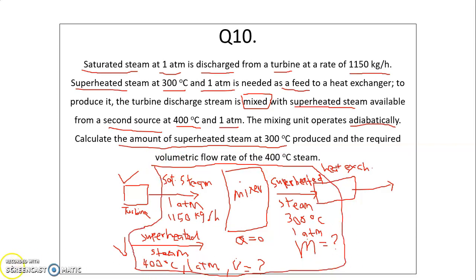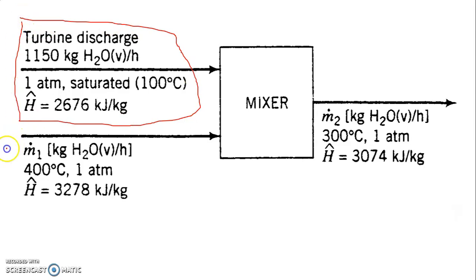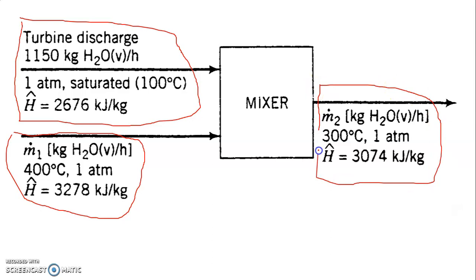Okay, diagram properly. We have the outlet from the turbine here, mixed with the second source. It will produce a feed for the heat exchanger.